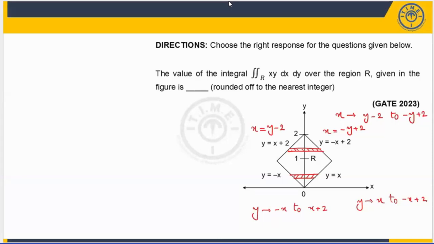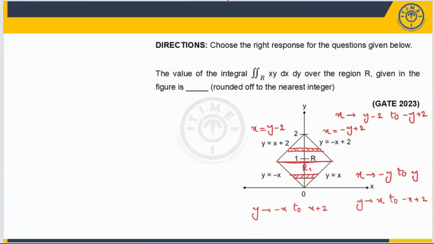Okay, right. So if I'm taking the horizontal strip below, x is varying from where to where? Negative y to positive y. So you are getting two different strips. So divide the region into two parts.